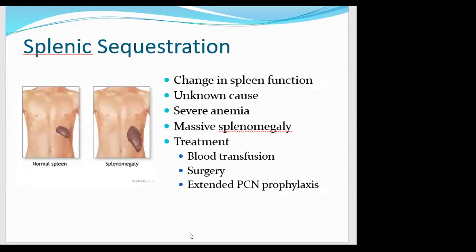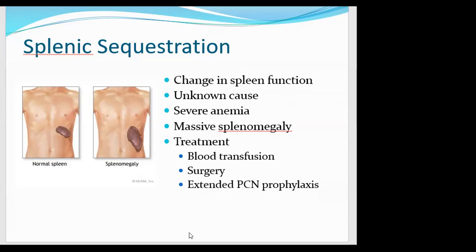Splenic sequestration. Like I said, we discussed how the spleen acts as a filter. Well, those sickle cells get clogged up in that spleen and they cause the spleen to swell. So this is a medical emergency, because if the spleen gets clogged up, that means all the blood is going into the spleen, but nothing's coming out.